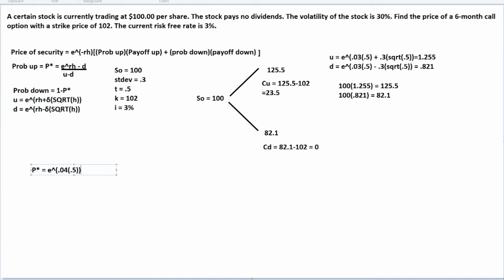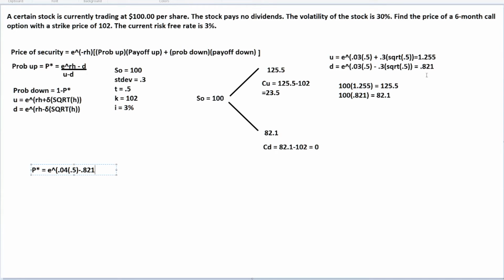And then we're going to multiply this all by, oh wait, no. We're subtracting from this our down factor, 0.821, which we solved up over here.